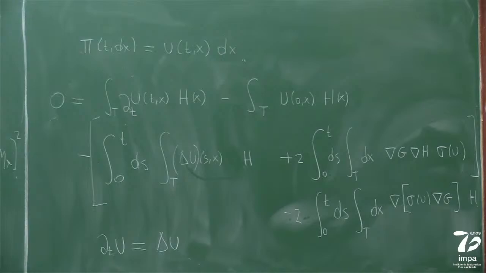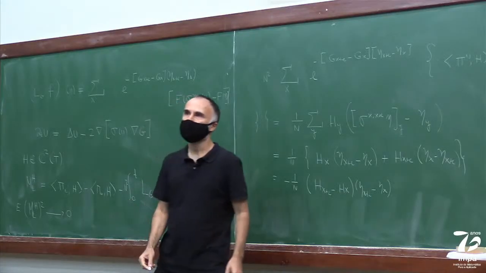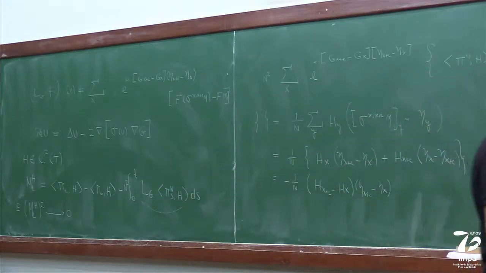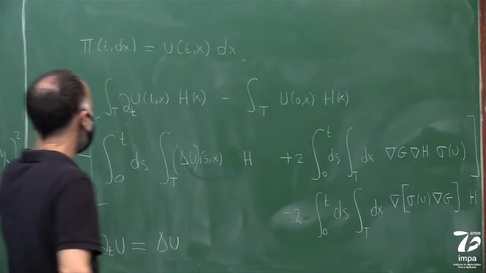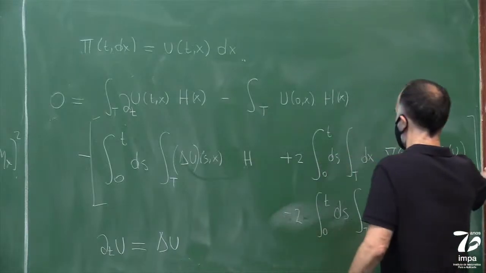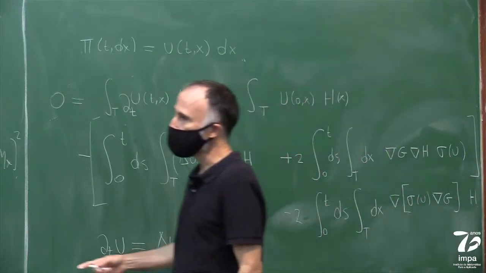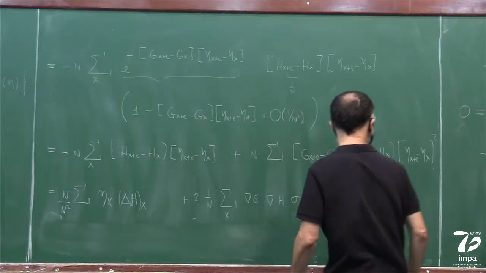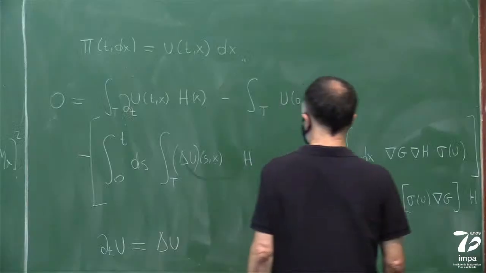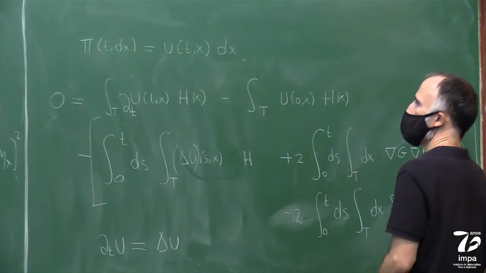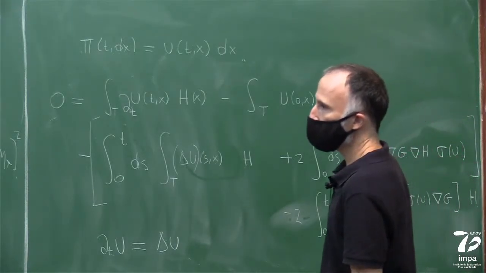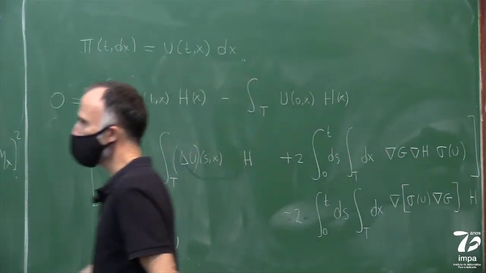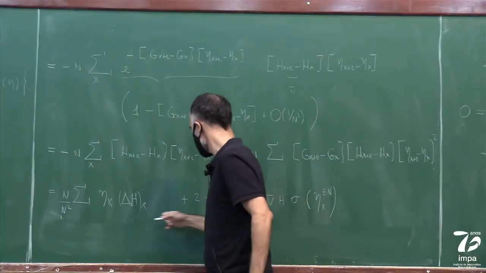I messed up the minus sign. I have a minus here. Okay, so it's minus everything. And so I have to put inside these two terms. Sorry, this one with a plus and this one with a plus.